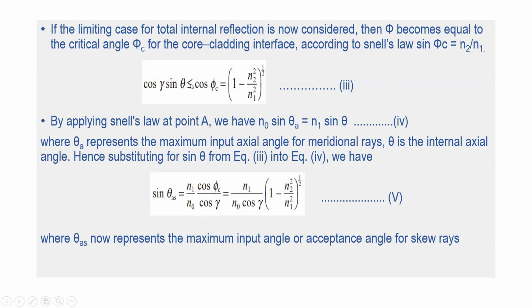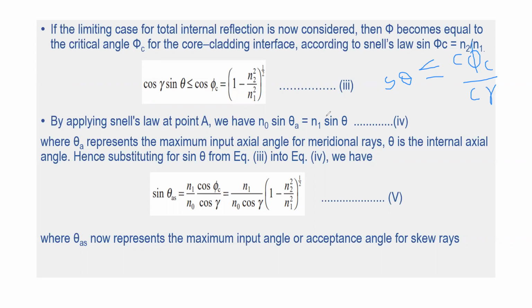Using this formula, if you consider this as sin theta A, sin theta has been represented as n0 by n1 sin theta A. So now this formula is written as sin theta is less than or equal to cos phi c, and this becomes less than or equal to cos phi c by cos gamma.